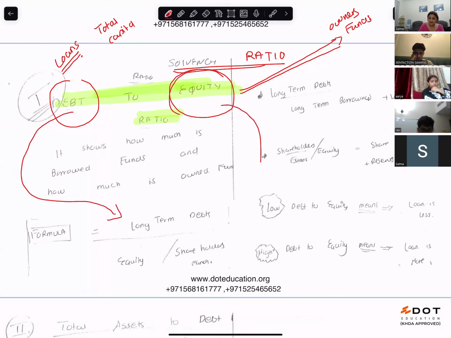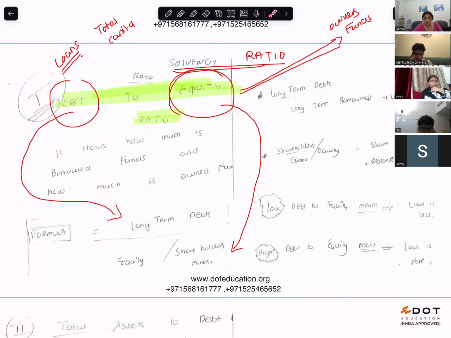When I talk about equity, equity will come in the denominator. Borrowed funds is called your debt. Owned funds is called your equity. Are you with me?